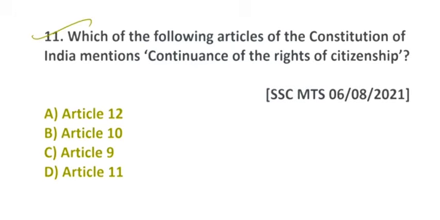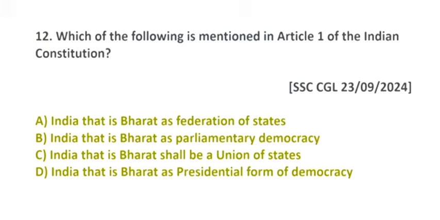Question number 11. Which of the following articles of the Constitution of India mentions continuance of the rights of citizenship? Option number B, Article 10. 12. Which of the following is mentioned in Article 1 of the Constitution of India? Option number C, India, that is Bharat, shall be a union of states.